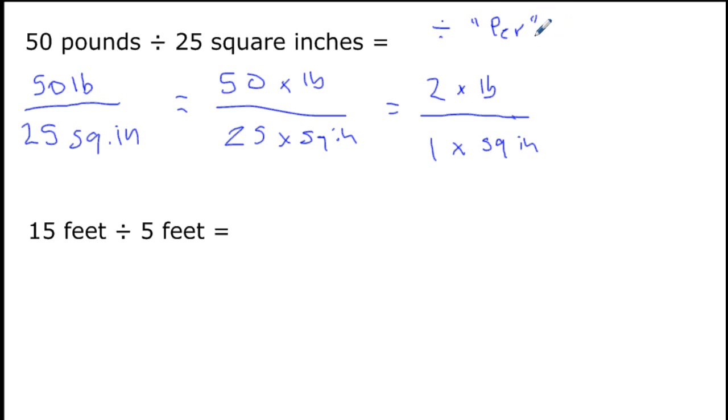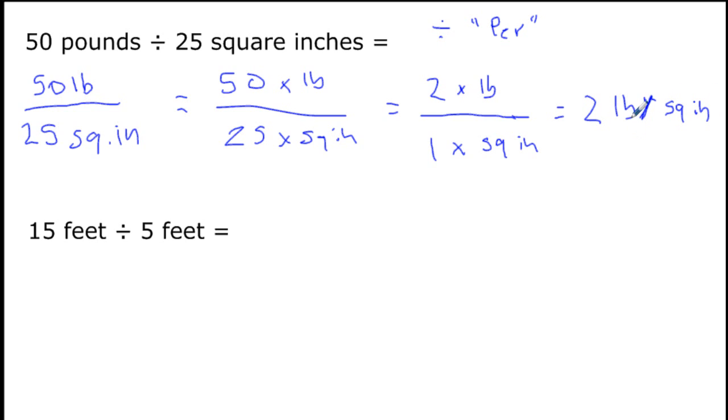The division means per, so this is really 50 pounds per 25 square inches, or 50 pounds for each 25 square inches. So here I could say this is really 2 pounds per 1 square inch, or just 2 pounds per square inch. So you'll see that abbreviated really as just 2 pounds per, you can use just a slash as a fraction bar, per square inch.